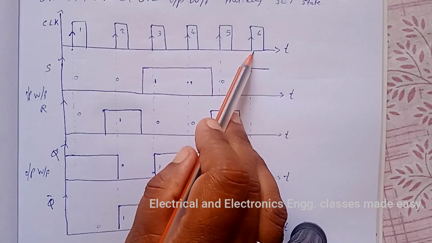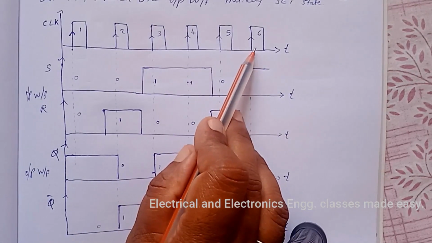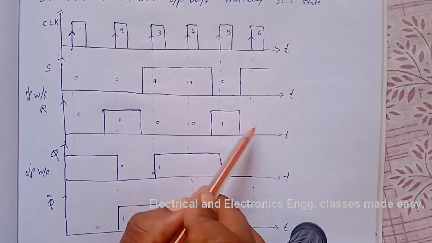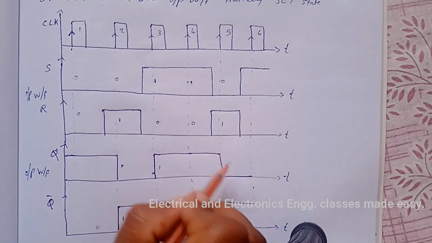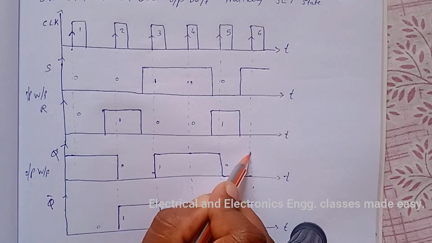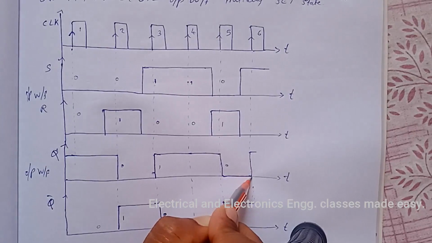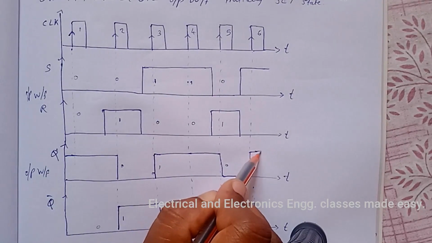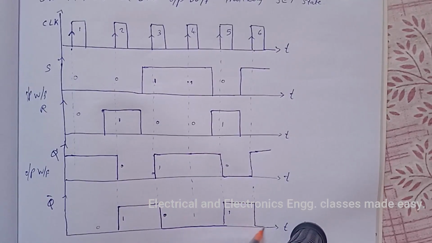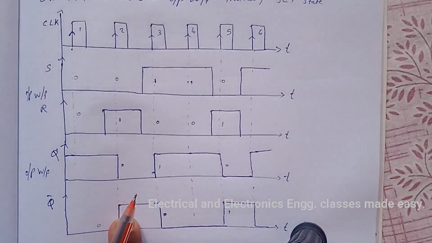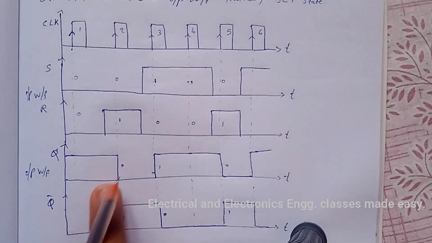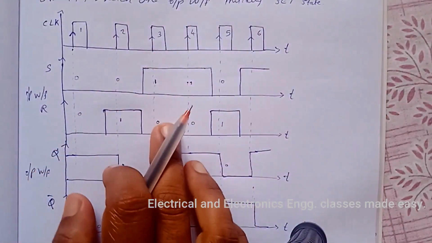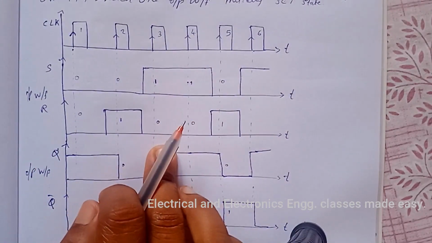And at the 6th clock pulse, S is 1 and R is 0. That means Q becomes high and Q bar becomes 0. So these are the output waveforms for the given input waveforms.